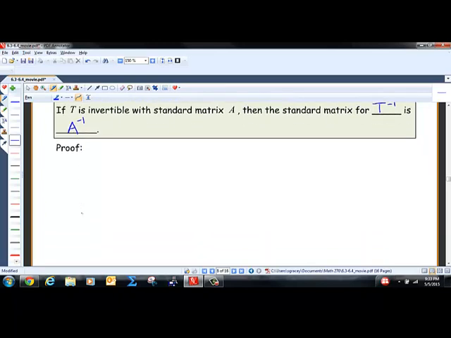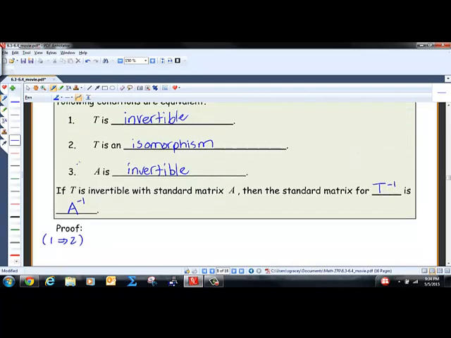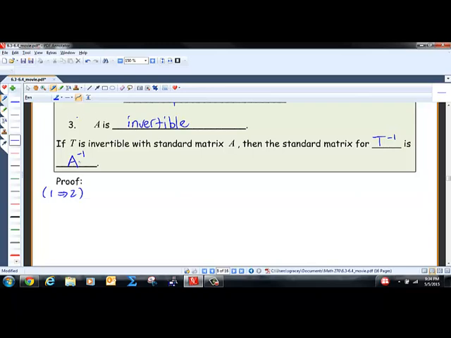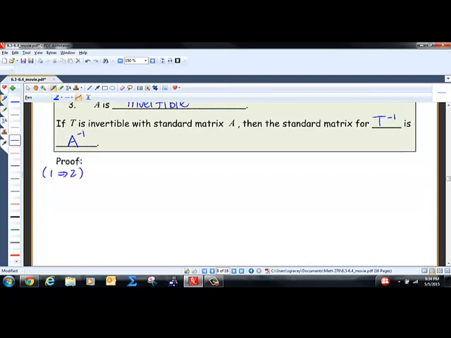So this guy, 1 implies 2, means that our supposition will be that T is invertible, and we need to show that if that's true, then T is an isomorphism, which means we have to show that T is one-to-one and onto. So here we go.